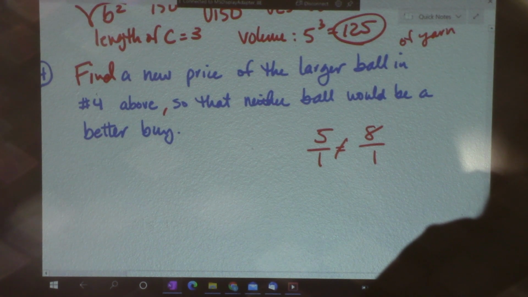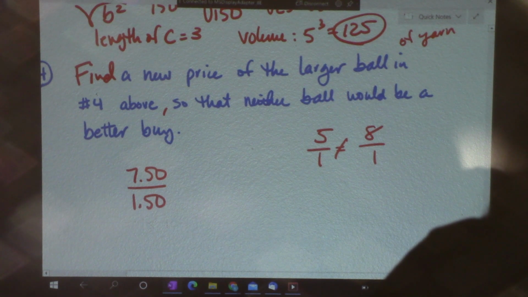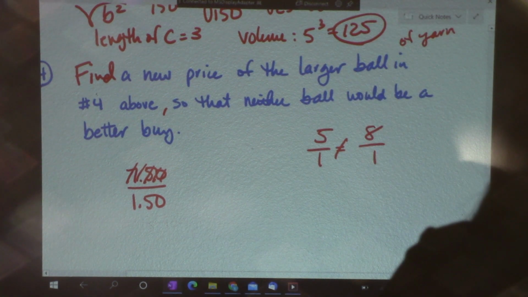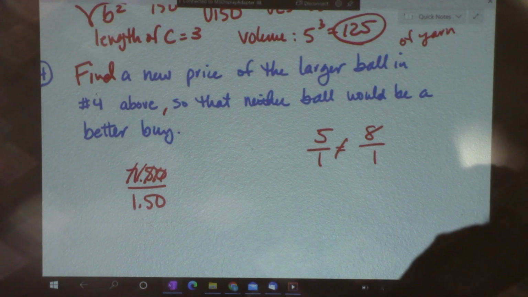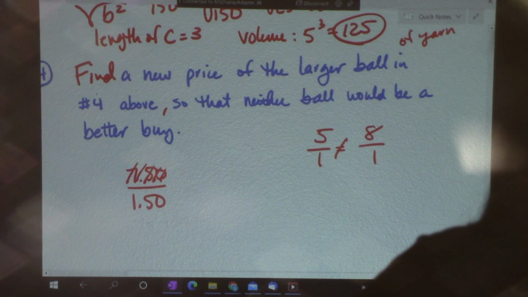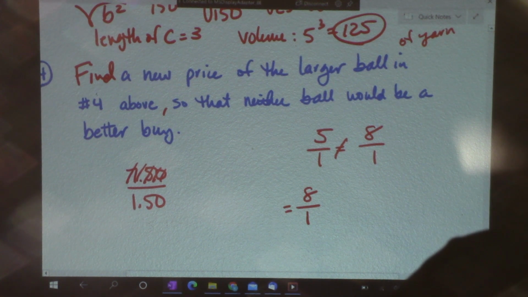So the prices, do you remember, we had 750 over 150. And I want to find a new price so that, sorry, it's Thursday afternoon, I'm doing this too late. I want a new price for that. So let's talk about it again. I want to have the same scale factor of 8 to 1. So I want them to be the same.